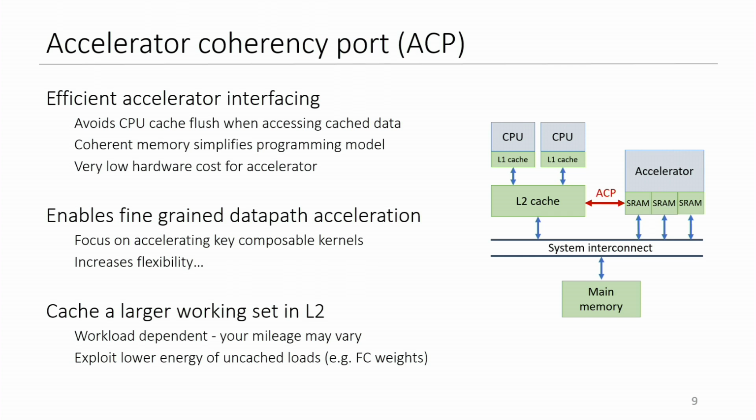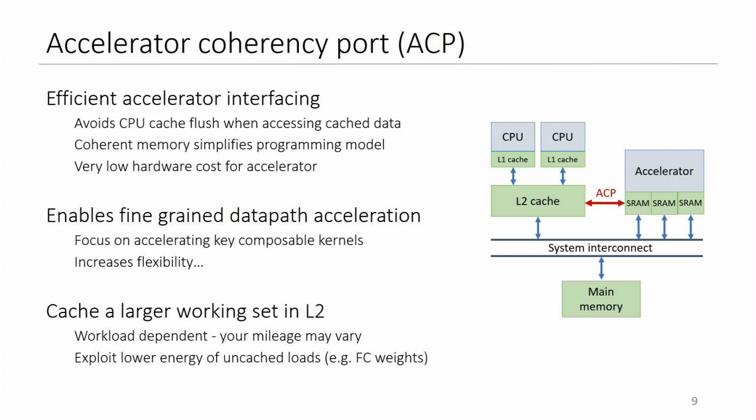It has very low hardware cost for the actual accelerator, and there's a number of advantages from having coherent access to memory. And because we reduce the cost of memory access in this way, it allows us to do an interesting thing, enabling a very fine-grained acceleration approach where we don't accelerate necessarily the whole workload, we focus on key kernels, which the CPU can then compose into that full workload.